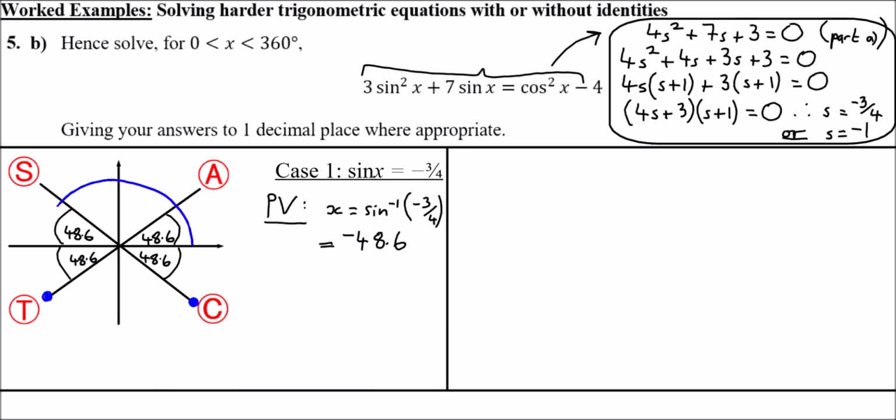So the first valid value of theta is this one. Now this one in blue is 180 plus 48.6, which will be 228.6.